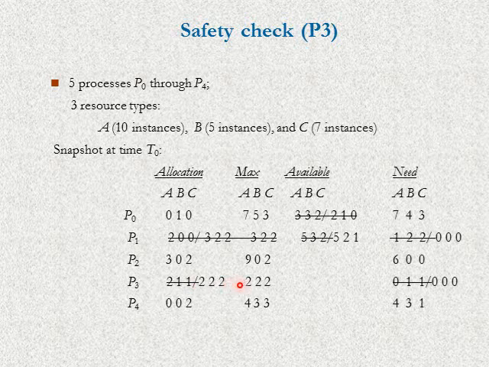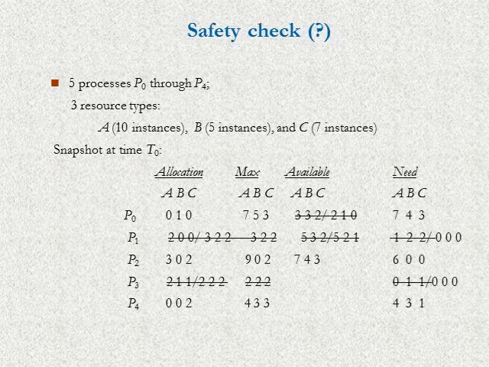So we assume that P3 has completed its execution and will return the allocated resources back to the system. Now in the system we have 7, 4 and 3 instances of A, B and C resource types. By looking at this system, we have successfully executed P1 and P3, and now we have the new available as 7, 4 and 3.